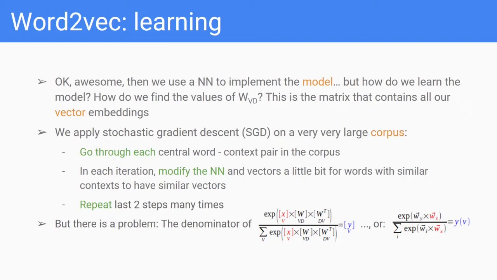But in this approach we have a problem, which is that the denominator of this equation is extremely large. If V is 150,000 dimensions, you have to sum 150,000 times, you have to multiply 150,000 times three matrices, so it is computationally crazy. We cannot do it yet, maybe in the future, so you have to find a workaround.